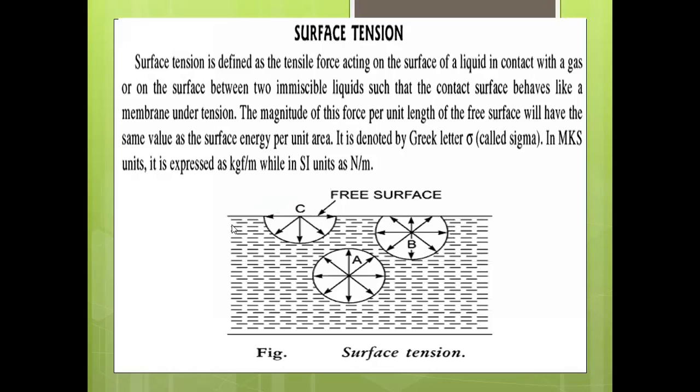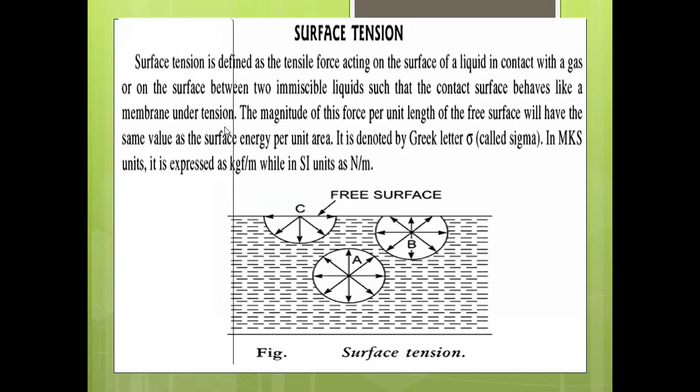Water droplets. Repeat it once again. Water droplets.